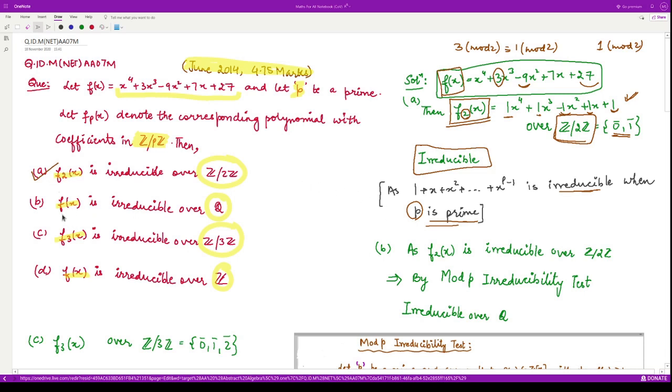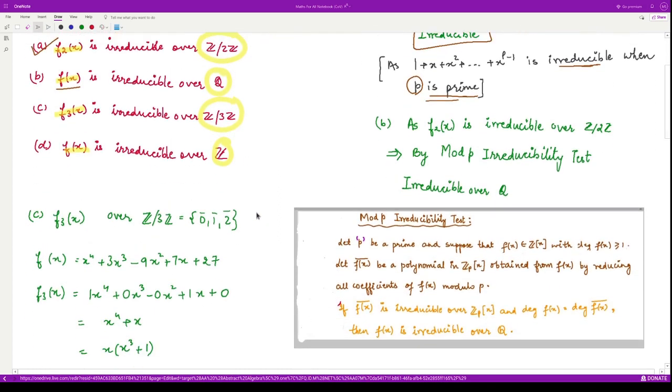Now let us look at f of x. They are asking whether the given polynomial is irreducible over Q or not. Now we have this result, the mod p irreducibility test.